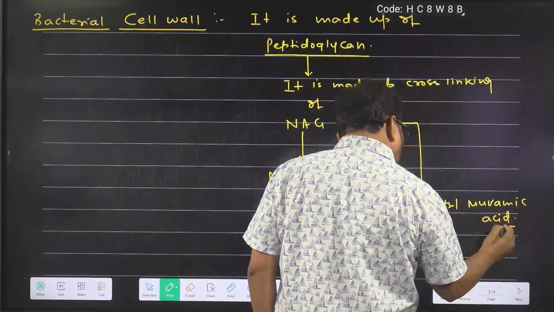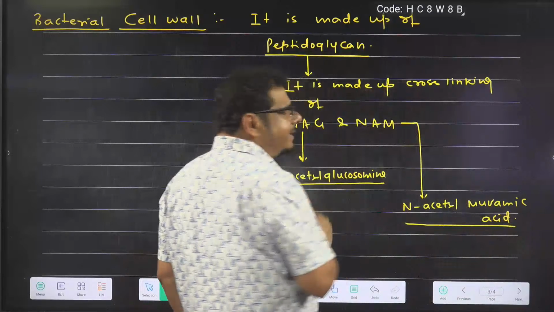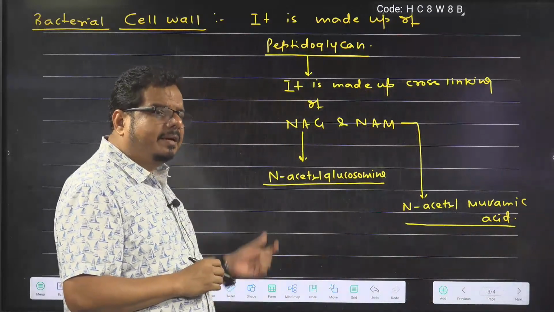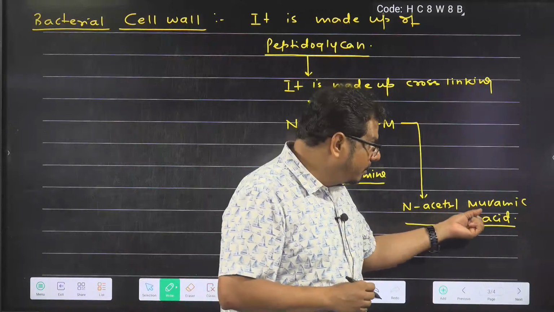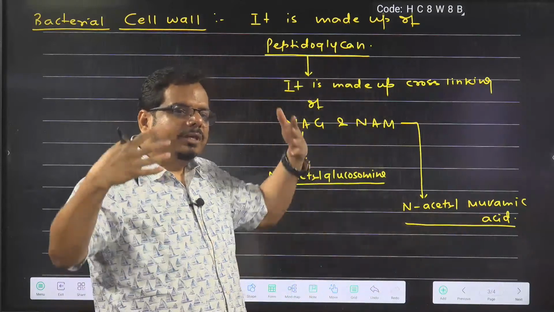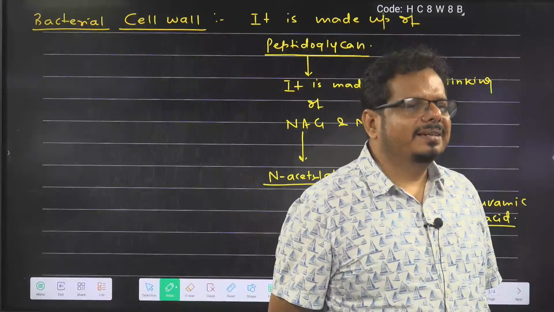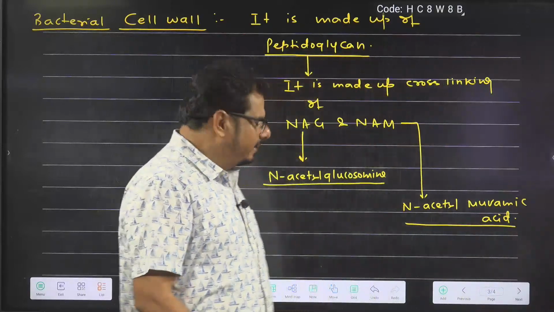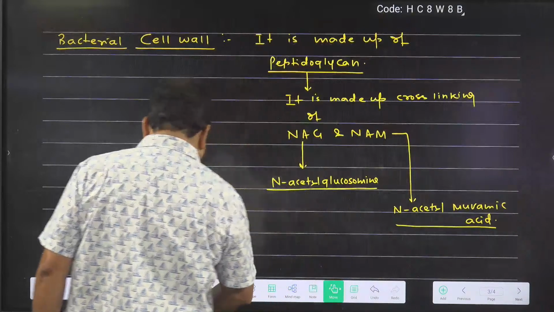So simply you have to keep this in your mind. That much detailing is not required for NEET exams, like what is the structure of NAG, what is the structure of NAM, how they are cross-linking, how they are making peptidoglycan. Definitely these details are not required for a NEET exam.